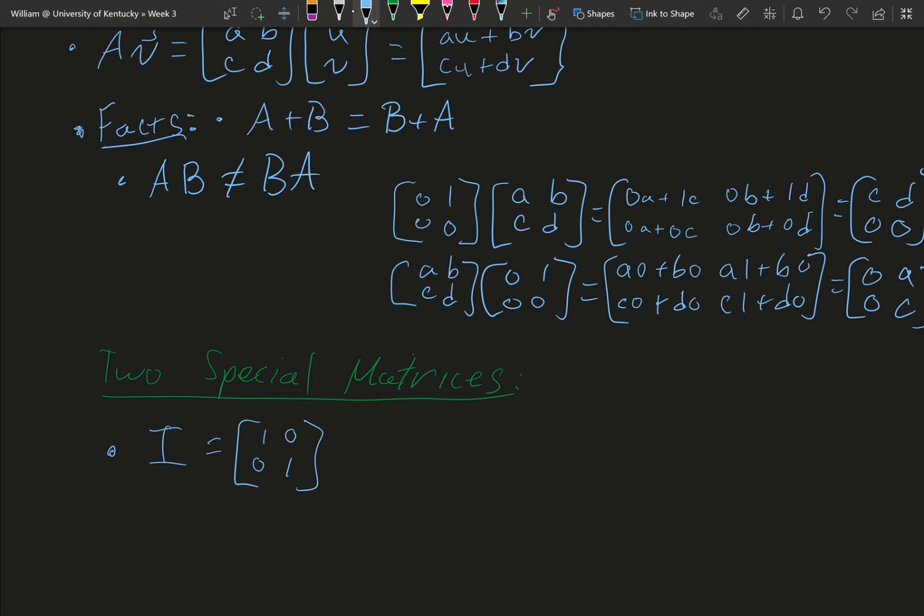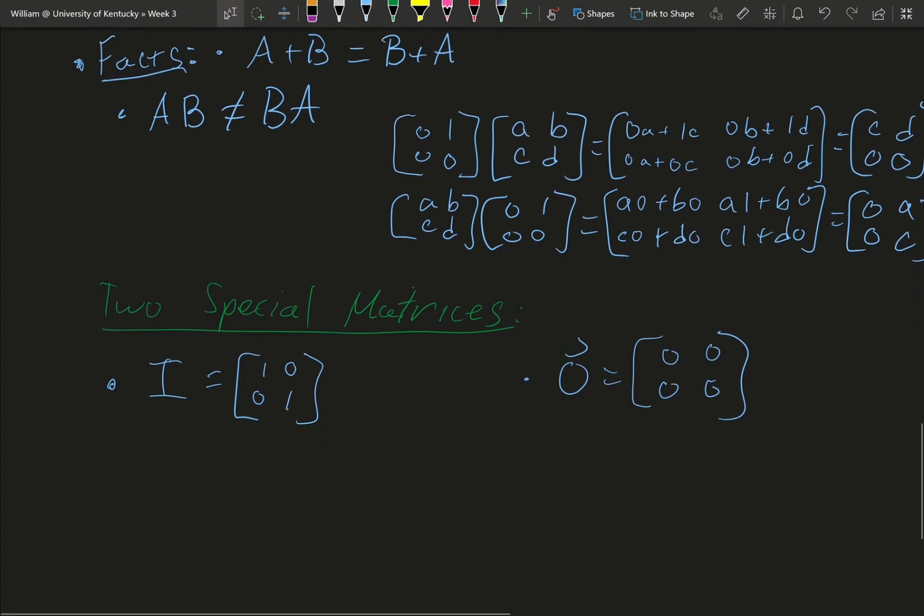This is the matrix where there's a 1 on the diagonal and 0s off the diagonal. The second one is the 0 matrix, and this is the matrix with all 0 entries. So we'll start with the properties of the 0 matrix.